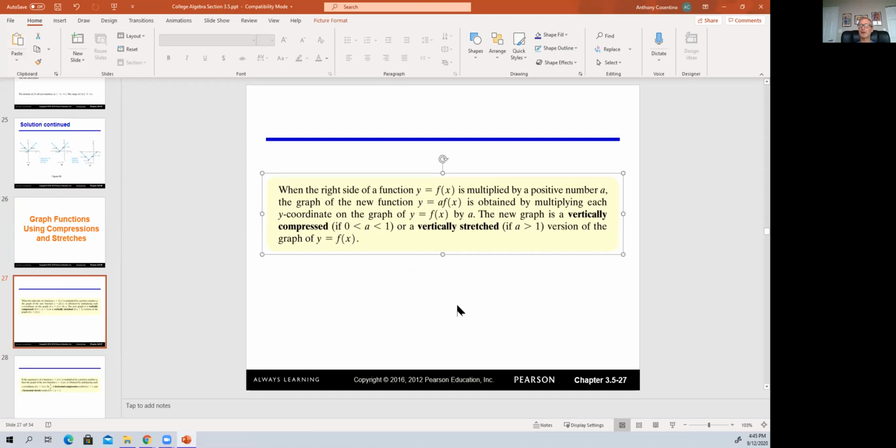If a is bigger than 1, then you're stretching it. And if a is between 0 and 1, then you're compressing it. We'll talk about what happens to the graph when a is negative; that's a different discussion. But here a will always be a positive number. It has to be greater than 0, because if you multiply by 0, it just goes away.